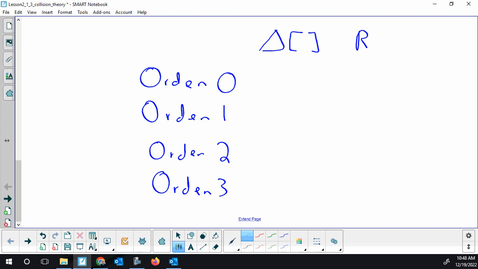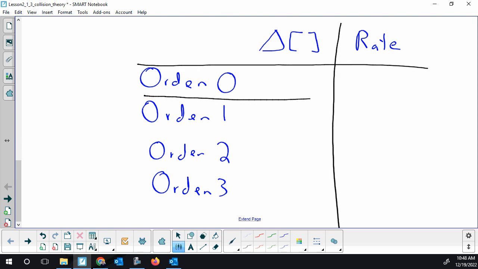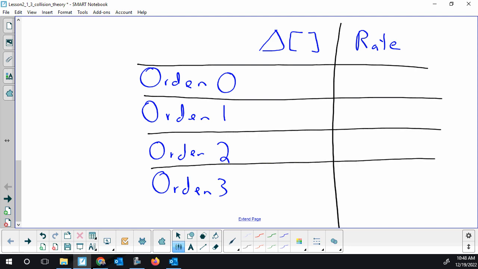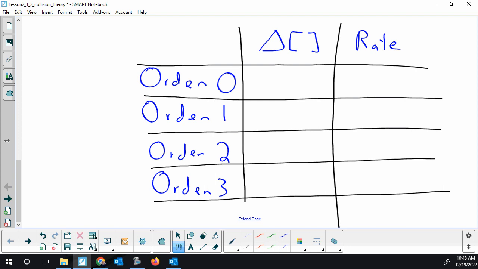What does that do to the rate? And in all the cases, we're going to look at doubling in concentrations, what that does to our rate, what type of multiple is applied.